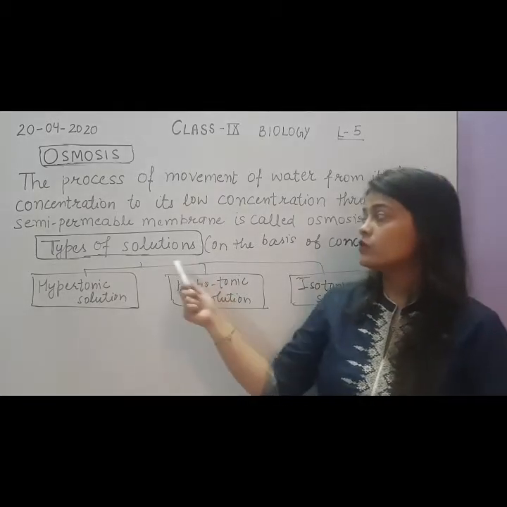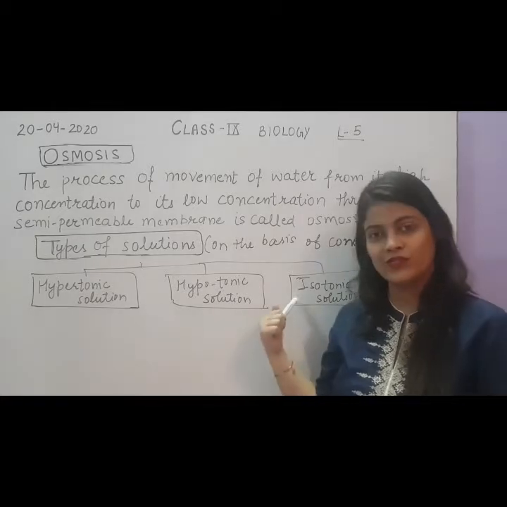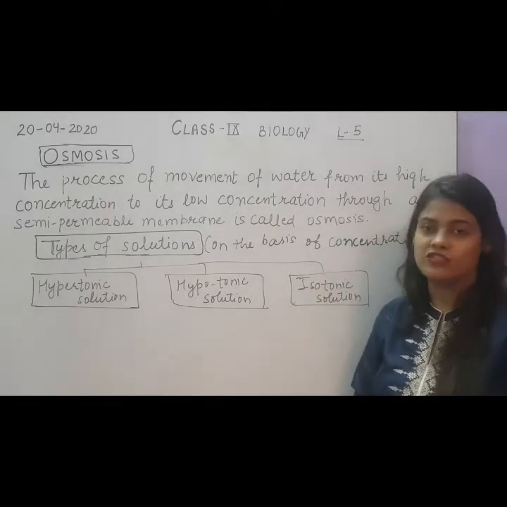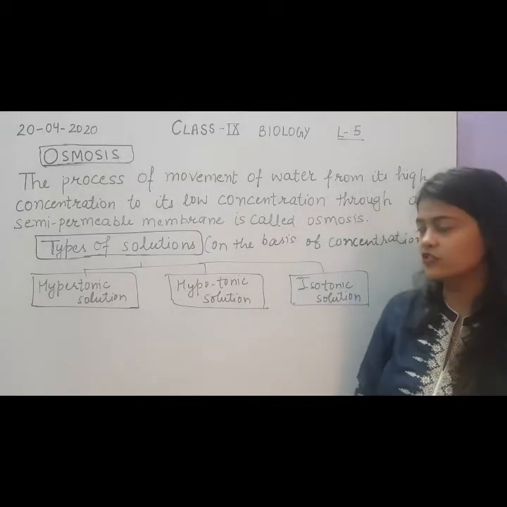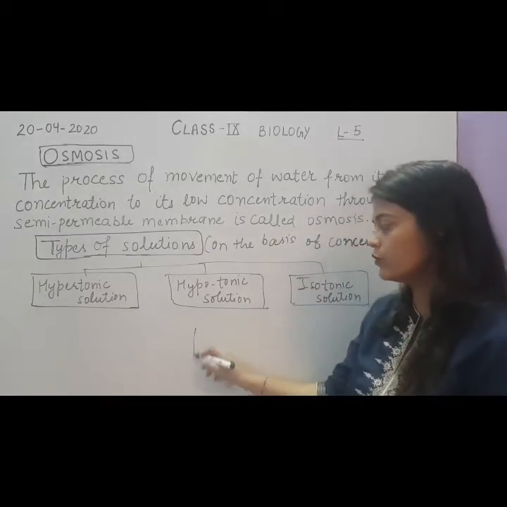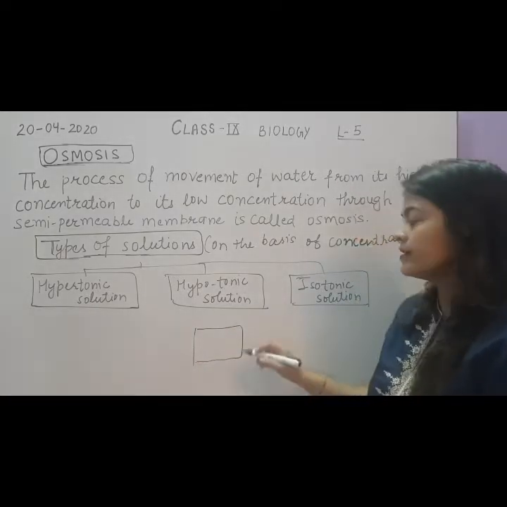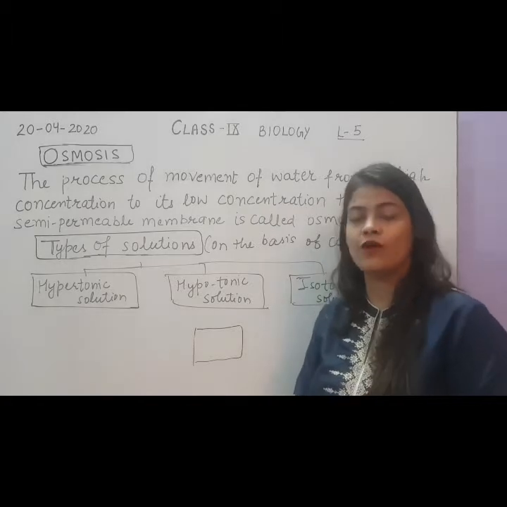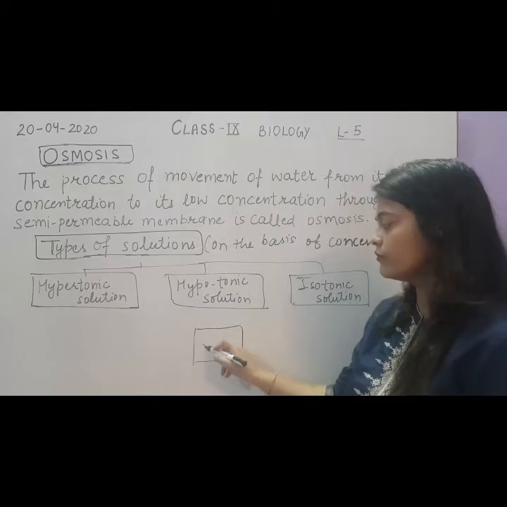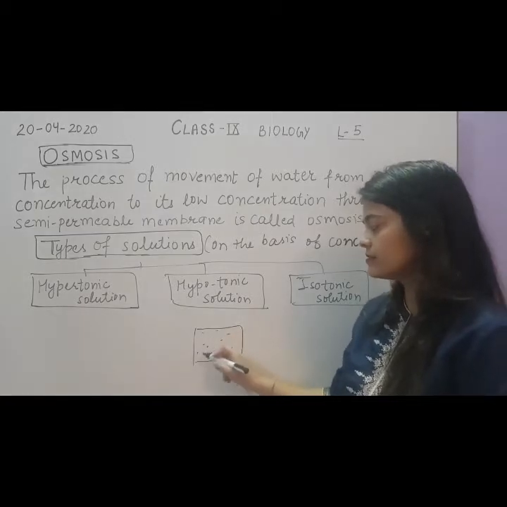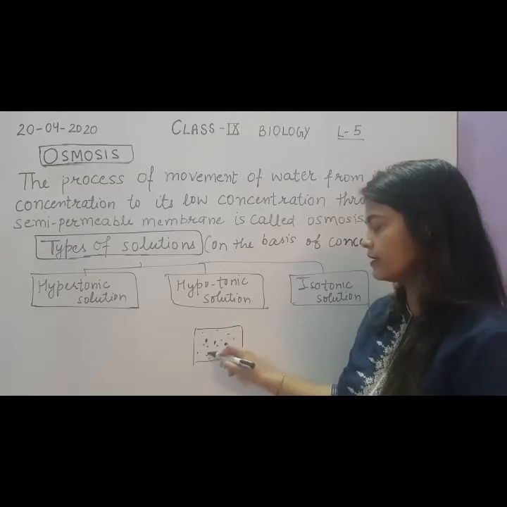Okay, so on the basis of that, there are three types of solutions on the basis of concentration. I think you are all clear with concentration, but let me tell you again so that it will be more clear. For example, we have a solution. If we have a mixture of water and sugar, that is called a solution.